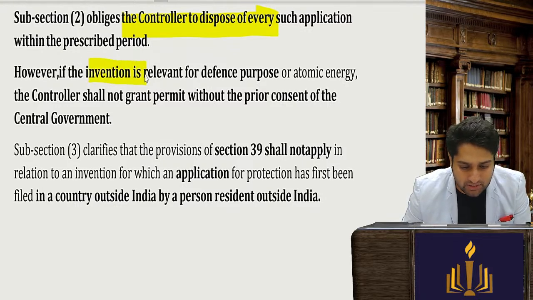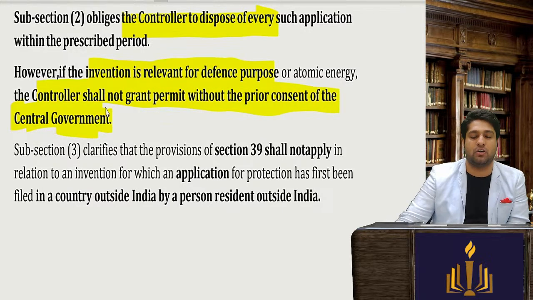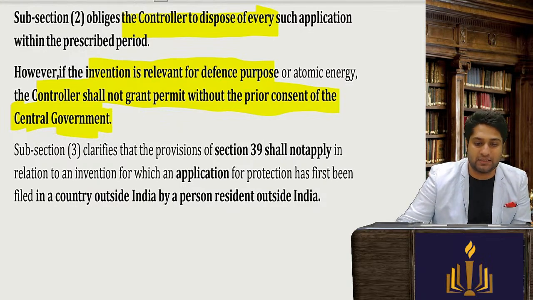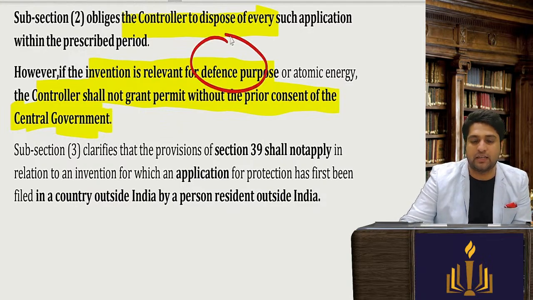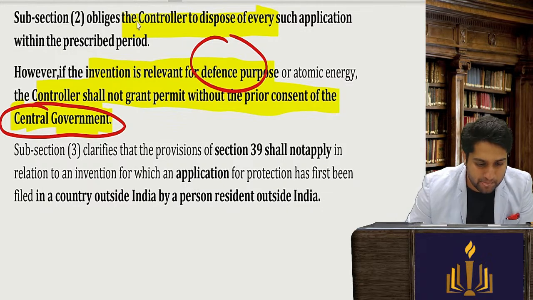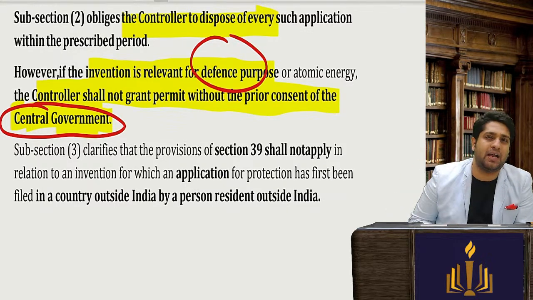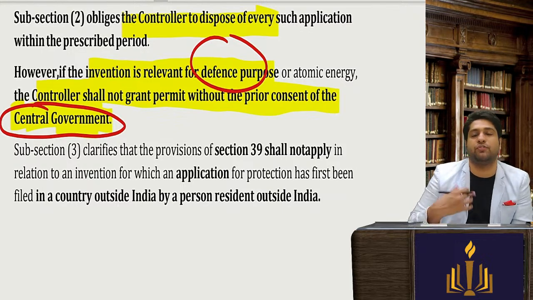However, if the invention is relevant for the defense of India, the controller shall not grant the permission without the prior consent of the central government. Okay. Now, my question is, does this section only apply to residents or even foreigners?